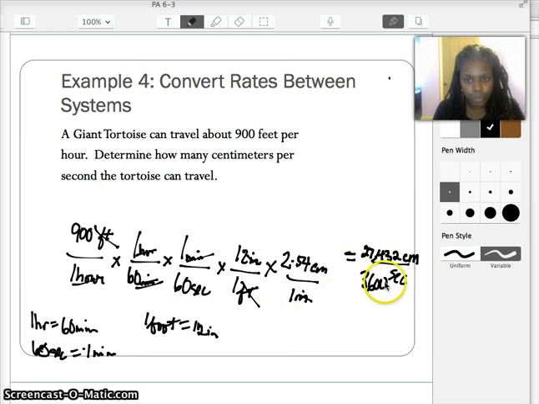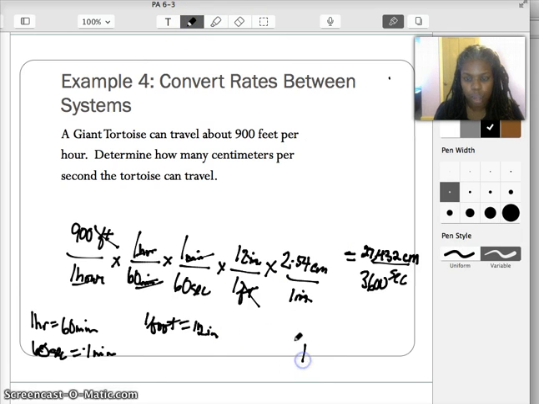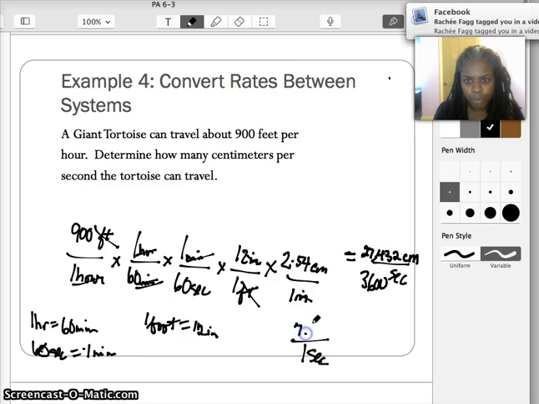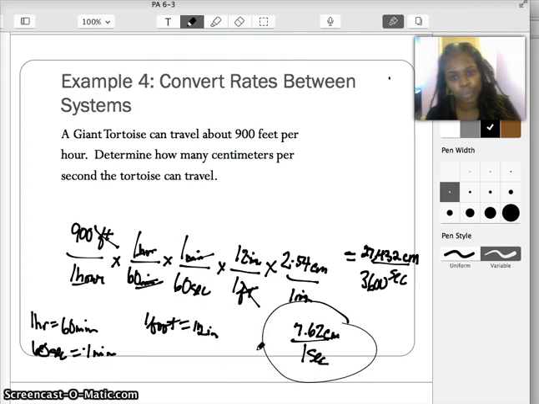So we divide the bottom by 3,600 and I get 1, because I'm dividing the denominator by itself. That's for 1 second, or per second. Then I divide the numerator by 3,600, and when I do that, I get 7.62. So according to our calculations, this tortoise travels 7.62 centimeters per second.